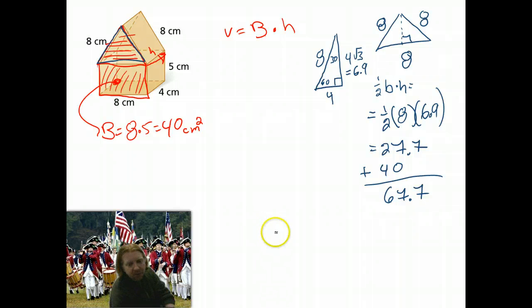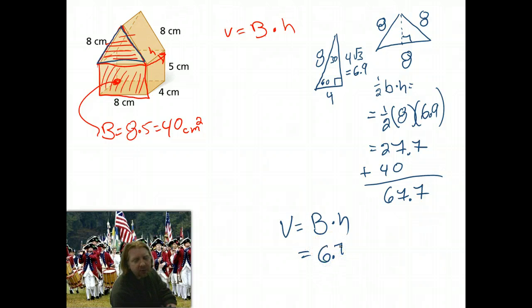So now I can go ahead and get my volume for the composite, area of the base, times the height. It's 67.7. That's the area of that front piece, times a height of 4 centimeters.